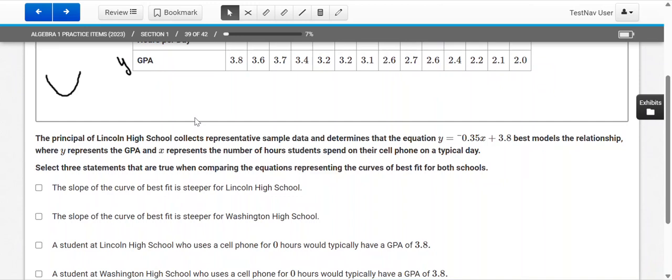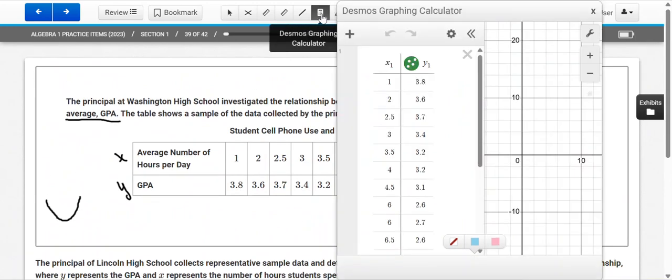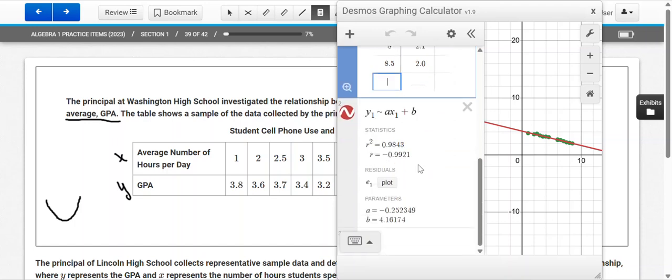Another principal collected representative sample data, did the same type of research, and determined this is the line that best models the relationship, where Y represents GPA and X represents the number of hours students spent on the cell phone. So the principal at Washington did the regression like this.